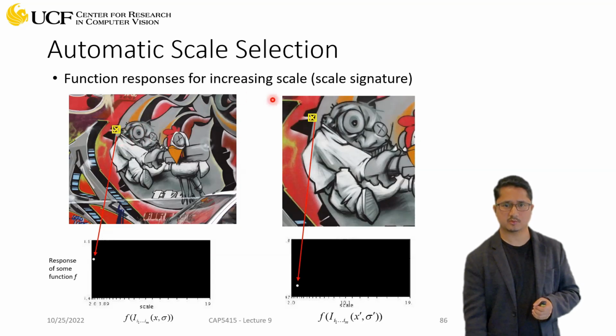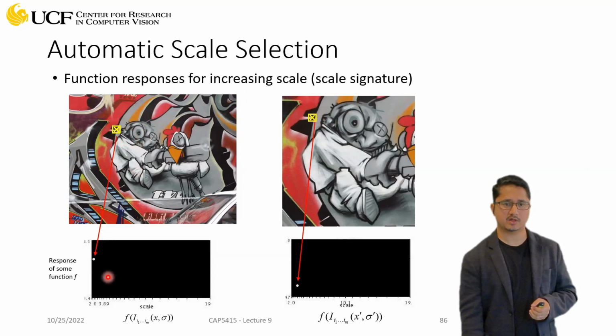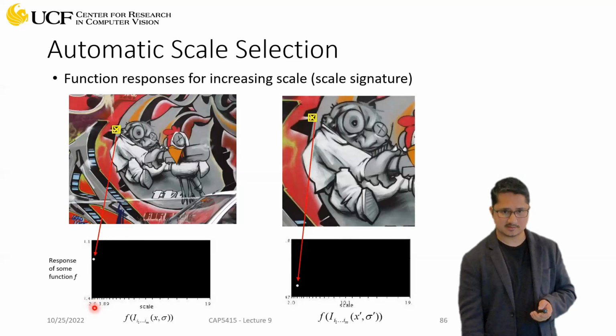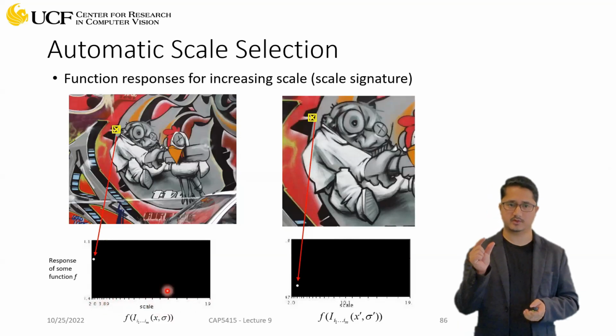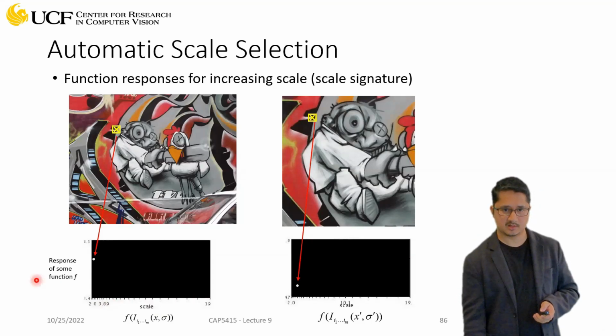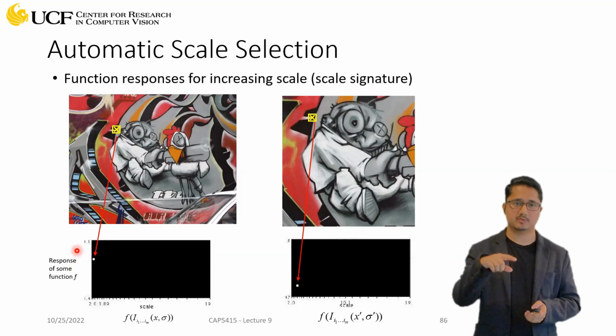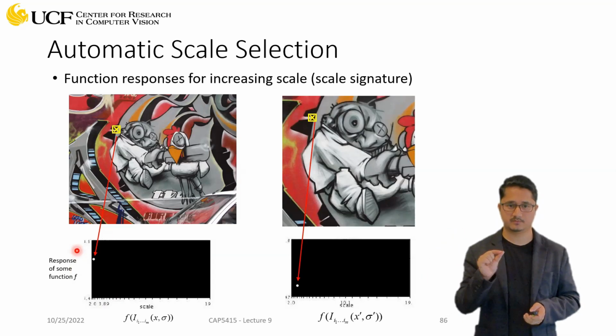So we start with a very small bounding box and we try to capture the response. And let's say we start with this. On the x-axis, we have the scale, which is giving you the size of the bounding box. And on the y-axis, we have the response from the filtering operation, whether the filter is actually matching with the image patch or not.